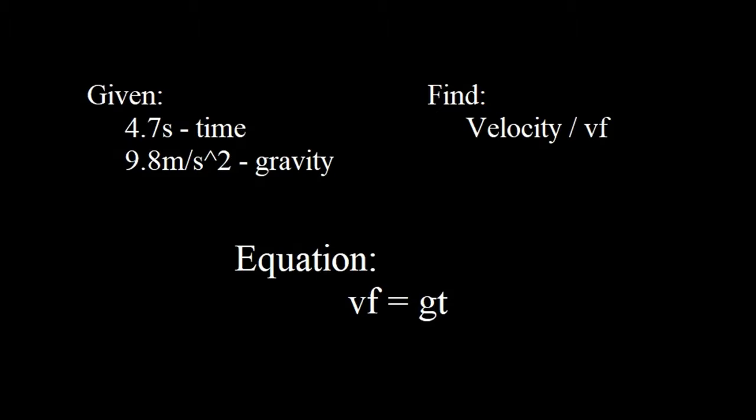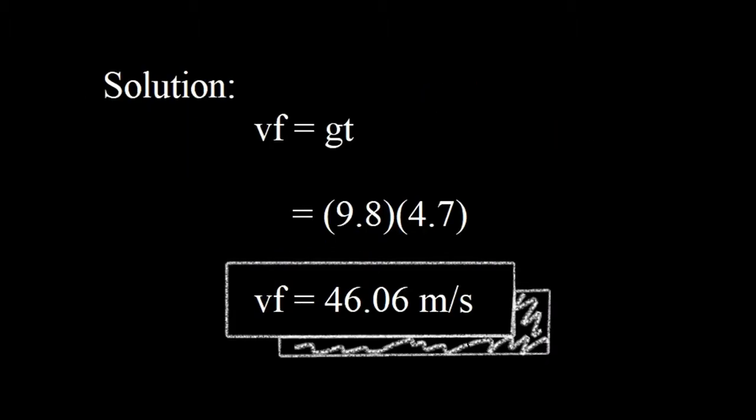Find velocity, or Vf. Our equation is still Vf equals gt. Now, let's move on to our solution. Vf equals gt. Substitute g with 9.8 and t with 4.7. Then let's multiply it, and our answer is Vf equals 46.06 meters per second.